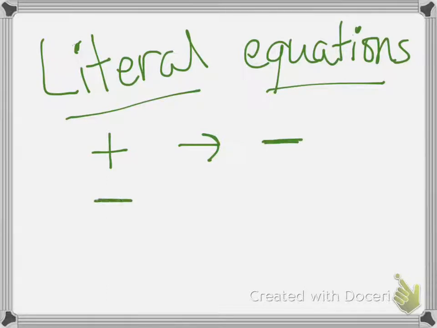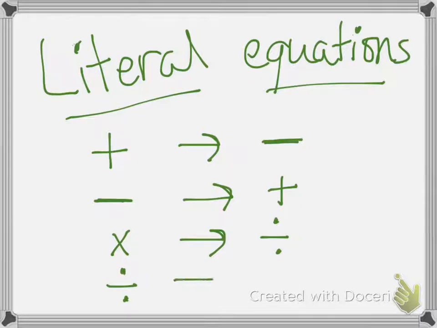If we're having subtraction, that is going to be undone by addition. Multiplication, undone by division. And, of course, division, that is going to be undone by multiplication. Okay, all these rules work whether we're dealing with numbers or variables or whatever.